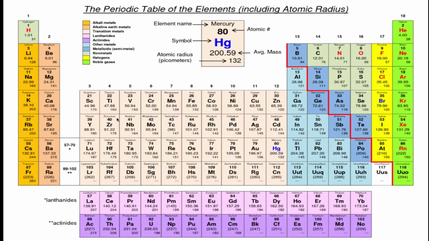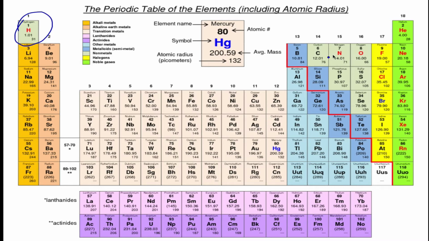The first one we're going to talk about of the nonmetal group, let's talk about hydrogen here. Hydrogen's not really in a group. It's above the alkali metals because it has one valence electron, just like the rest of these. So it is going to be very reactive. It can react with other nonmetals and create a covalent bond.